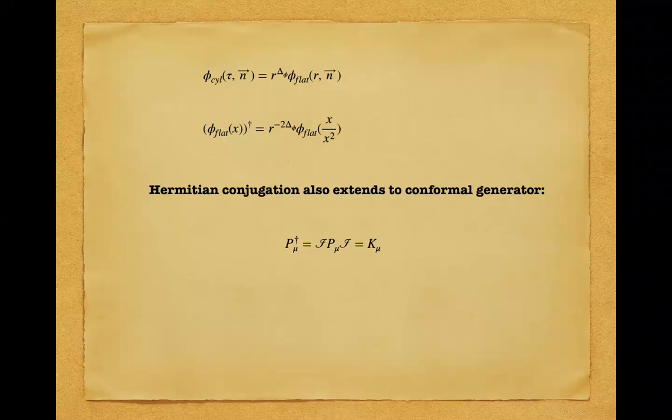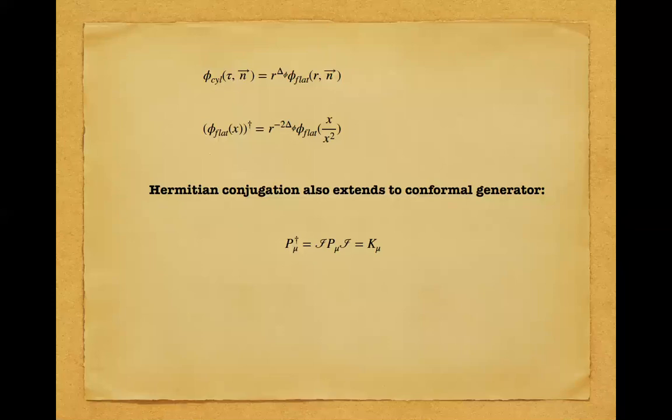Therefore, when you do this first inversion, your origin will go to infinity, and the infinity will come to the origin. Now P mu will translate your new origin, but this was actually the infinity in your initial configuration. So you generated a translation for the infinity.